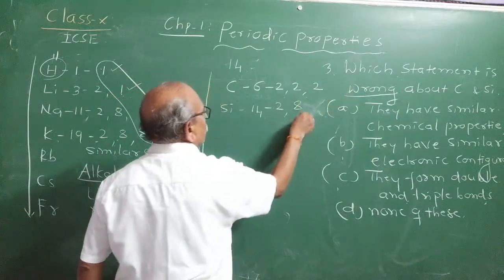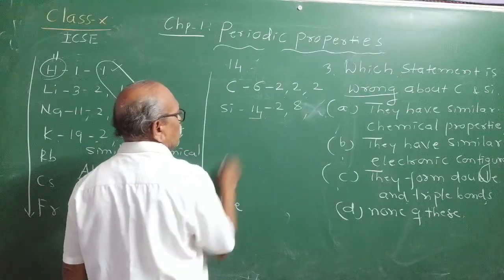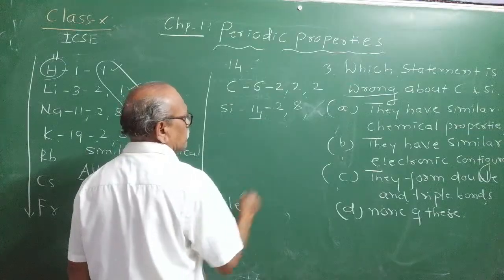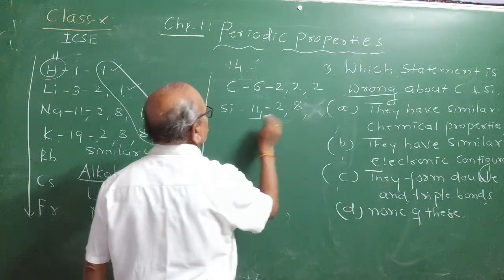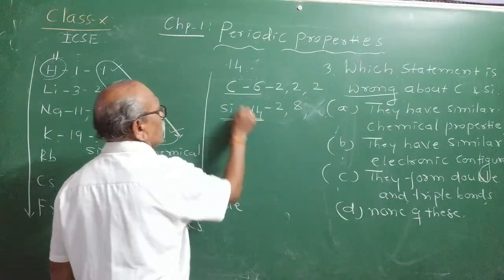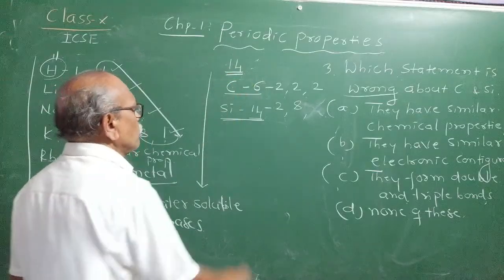What is the electronic configuration of silicon? 2, 8, 4. Carbon atomic number 6, silicon atomic number 14. Carbon and silicon are placed in which group? 14 group.